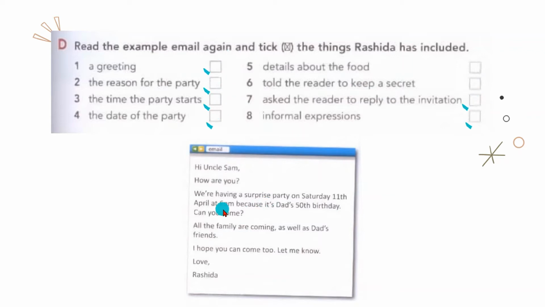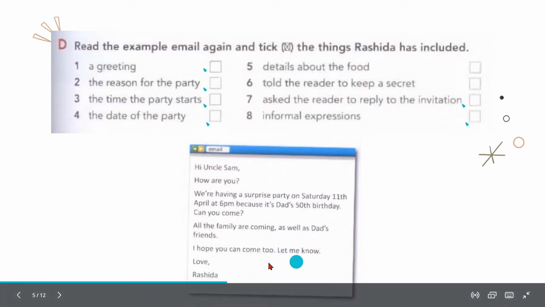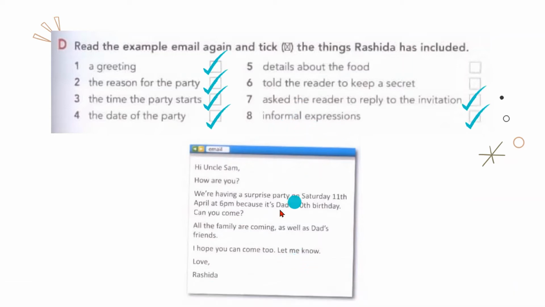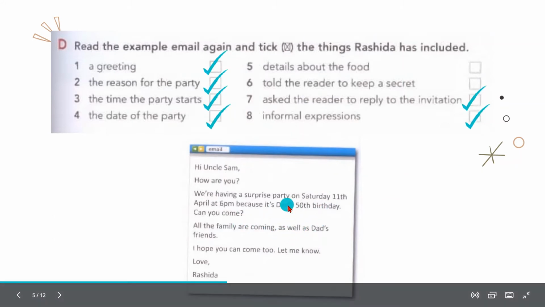But well, if you read the title, it is about a surprise party, so you should know that you should keep it a secret, okay? And she asked the reader to reply to the invitation. Let me know. I hope you can come too. And yeah, she used informal expressions. You can see abbreviations. So yeah, that's task D.